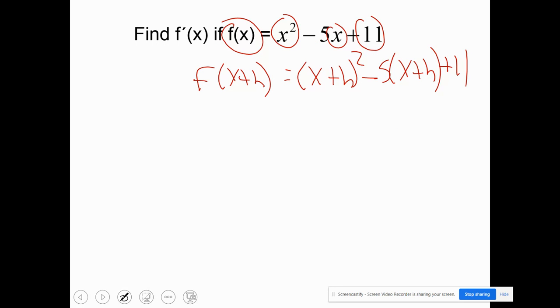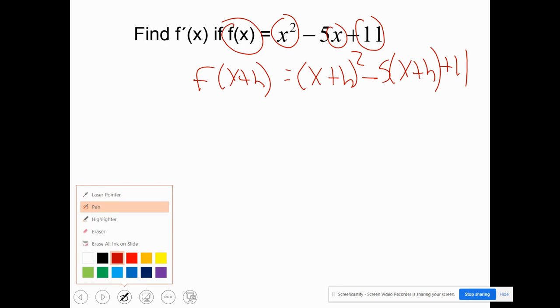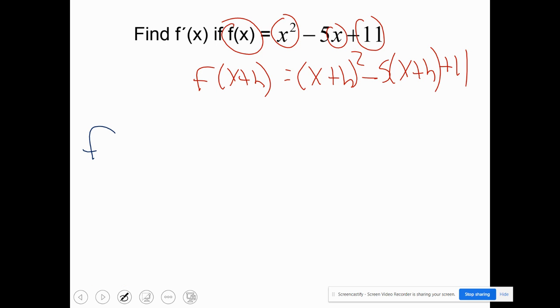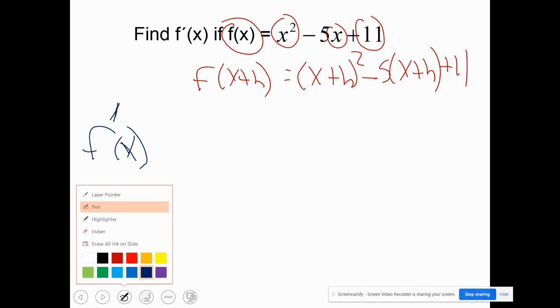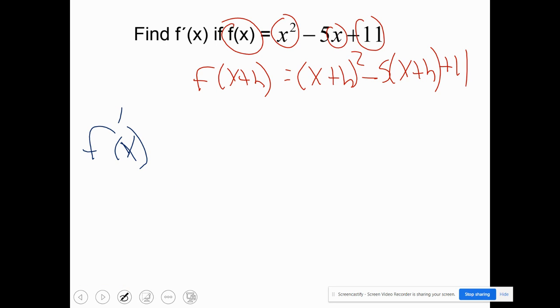All right, so let's find f prime. f prime of x. Remember, it's not a 1 up there. Prime equals the limit as h approaches 0.